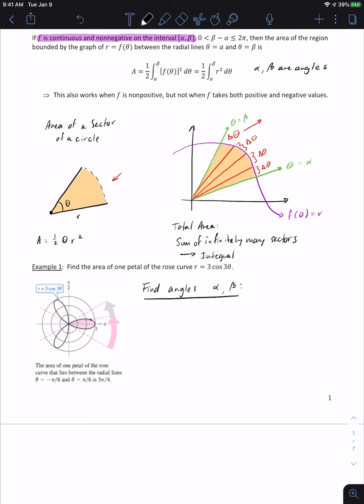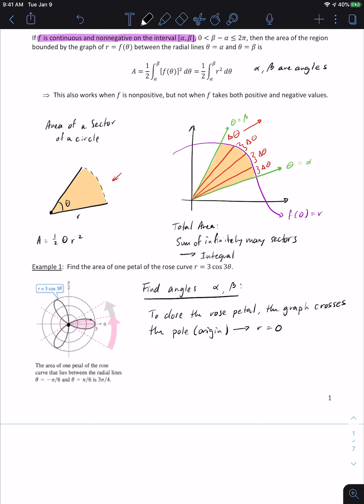Well, we notice that to close the rose petal, if I do one little loop, which is what we're trying to find the area of, to close it, the graph crosses the pole or the origin, and at the pole or the origin, that radius is 0.